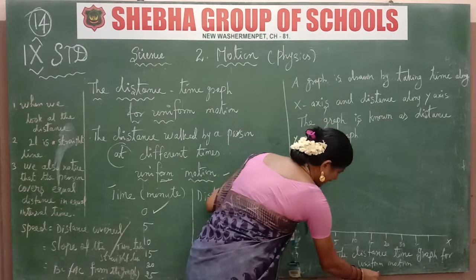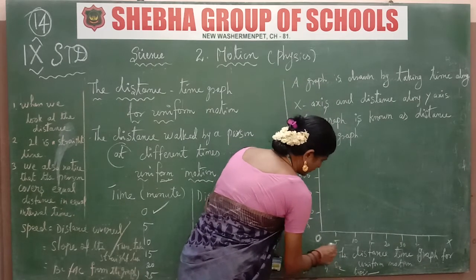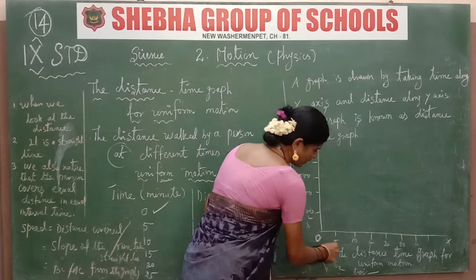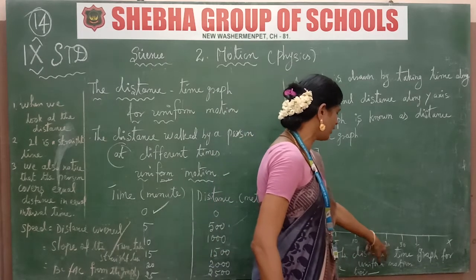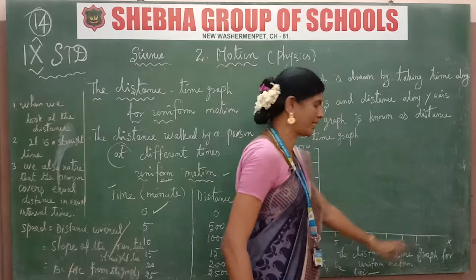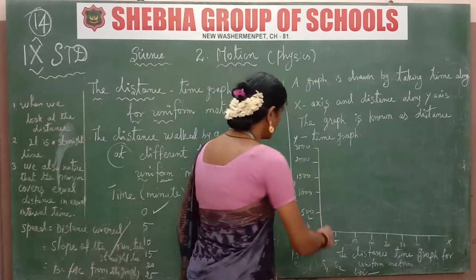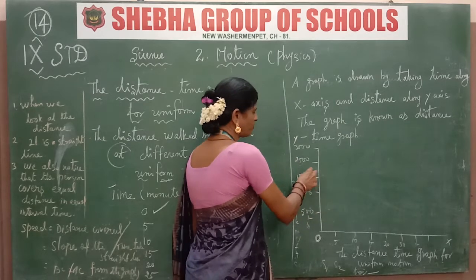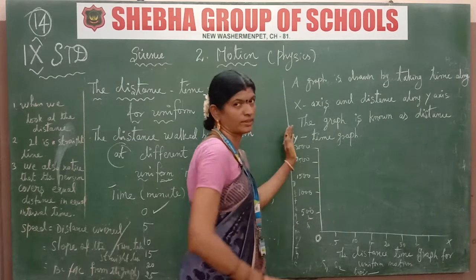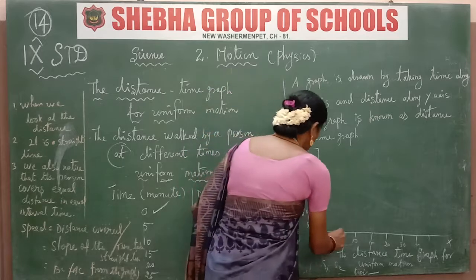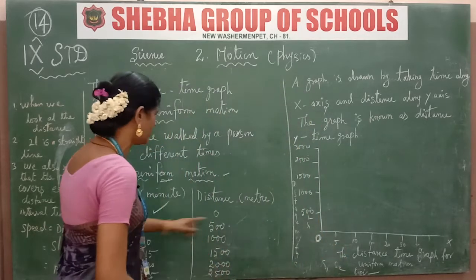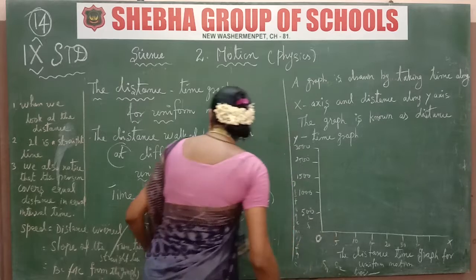Then the time will be noted below on the x-axis: 5 minutes, 10, 15, 20, 30, 35, 40 minutes. Then the distance in meters: 500, 1000, 1500, 2000, 2500, 3000. So the first one is marking 500.